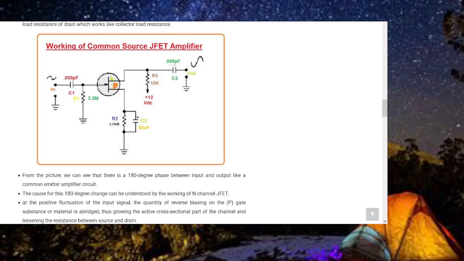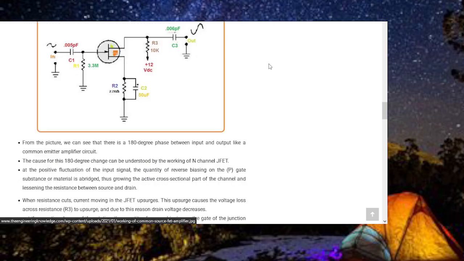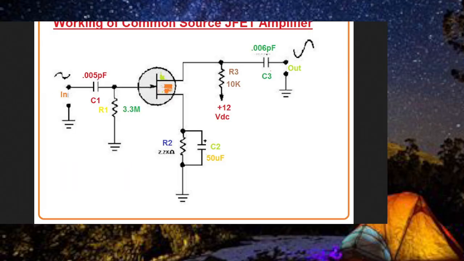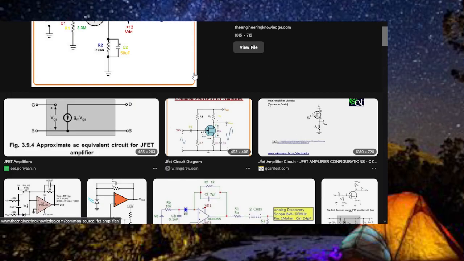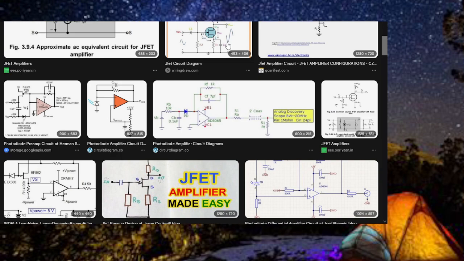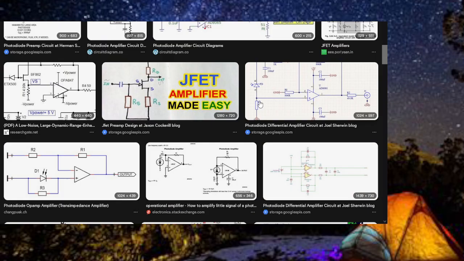This is a rather informative web page. This one is a little different. This runs it in a current mode. There's a JFET up here, for whatever thing that thing is doing. I don't know. Photodiode here.